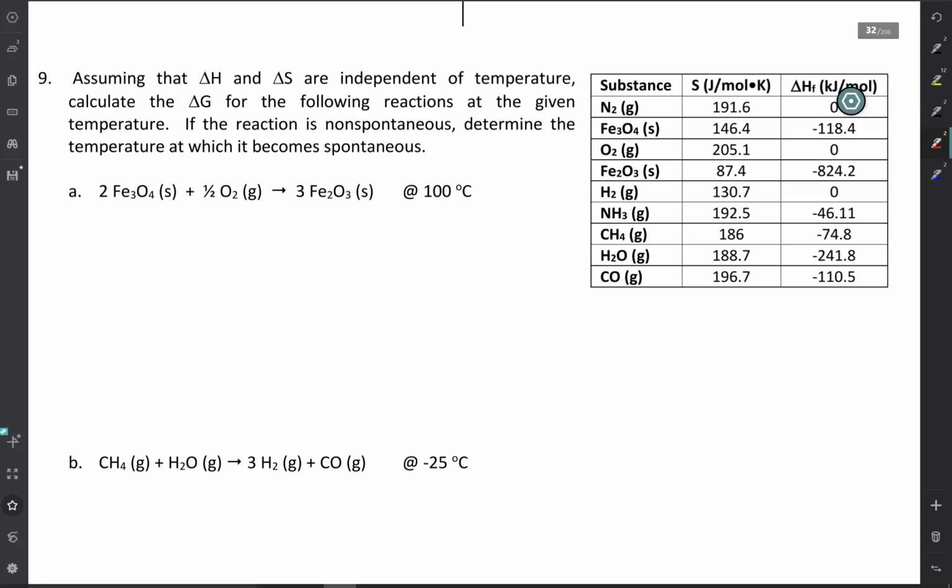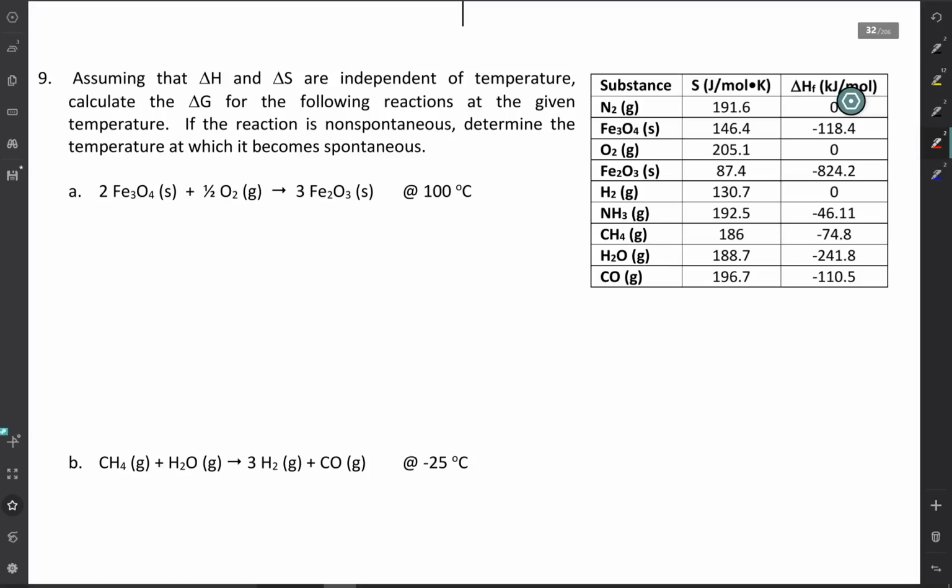Okay, we're back to the problem. So we're trying to calculate delta G for this reaction at 100 degrees Celsius, and we've got the thermochemical data in regards to the heats of formation and the entropy of our reactants and our product.